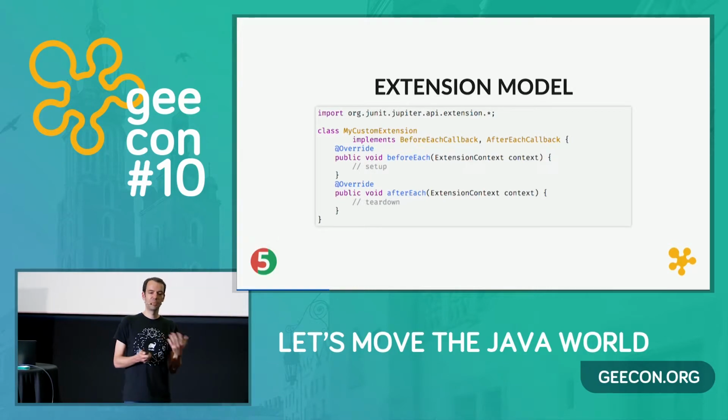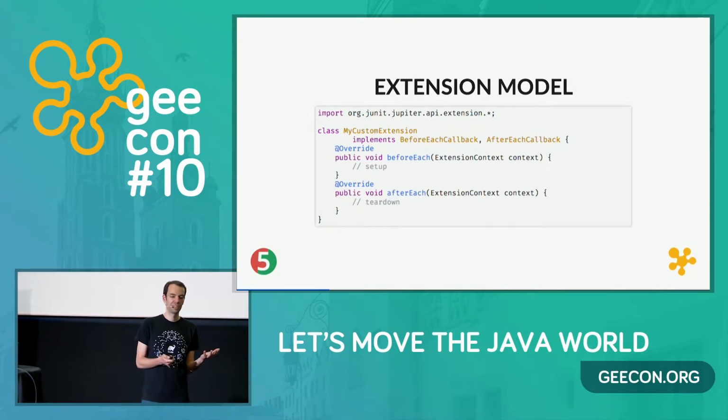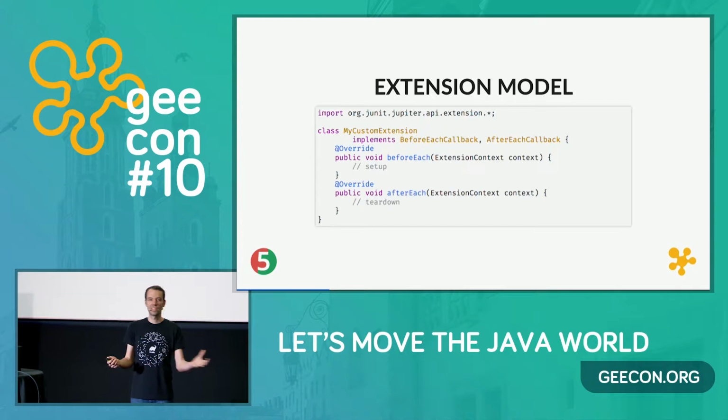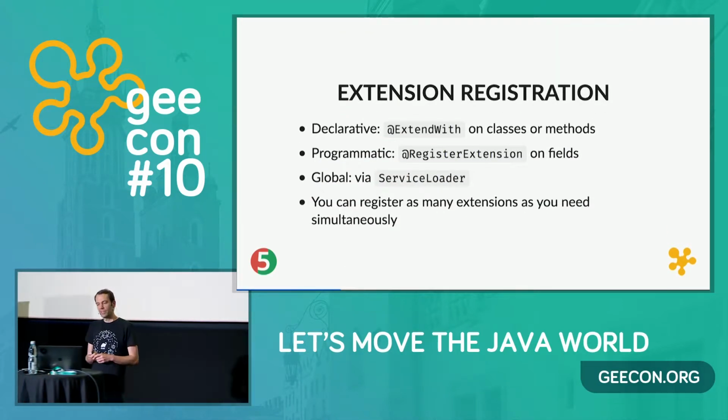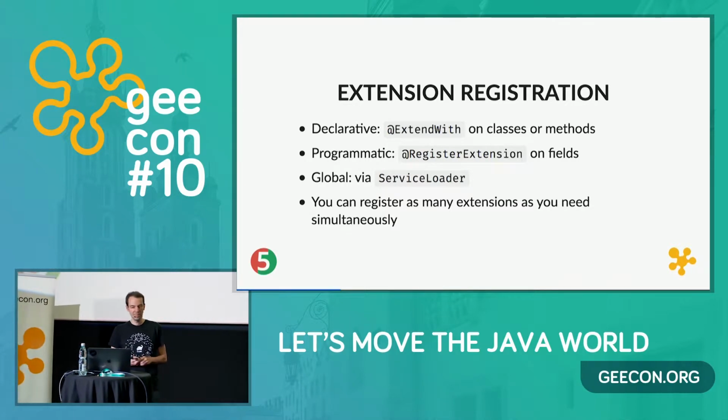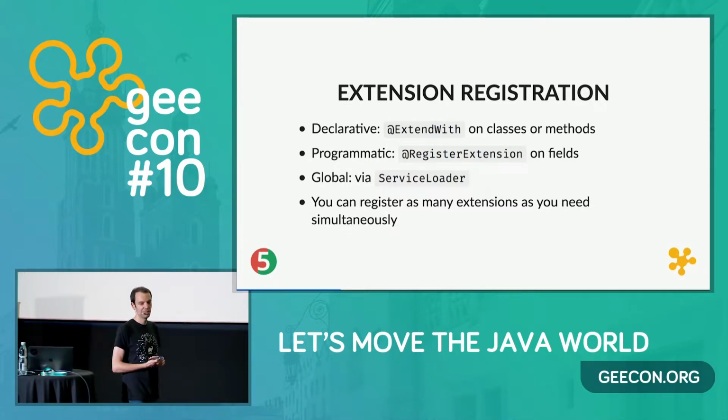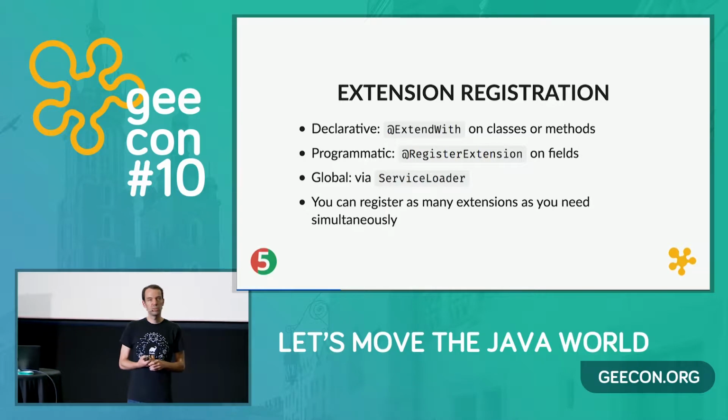And of course, there needs to be some way to register these extensions, right? I mean, just writing extensions and tests doesn't help much. So how do you actually register them? There's actually 3 ways. So there's a declarative way, which is the first one that we introduced. So we can put the ExtendWith annotation on a class or a method, and that will just register your extension.